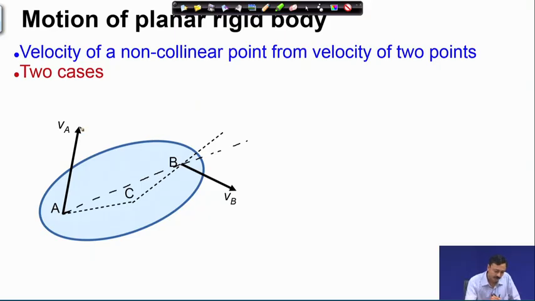So, the projection of VA along AB and VB along AB, let us see that vector. These two red vectors must be equal, and they are equal to the accuracy of my drawing. So, VA and VB are valid velocity vectors of points A and B.